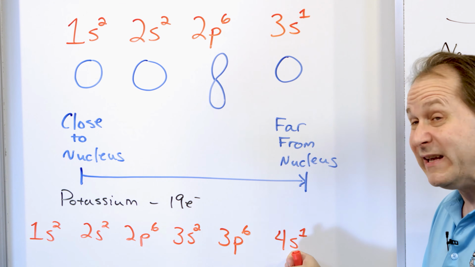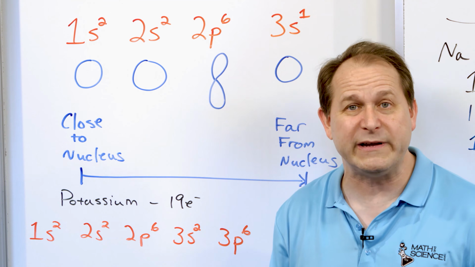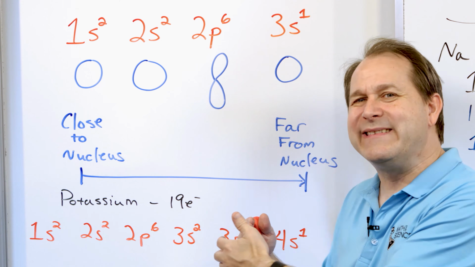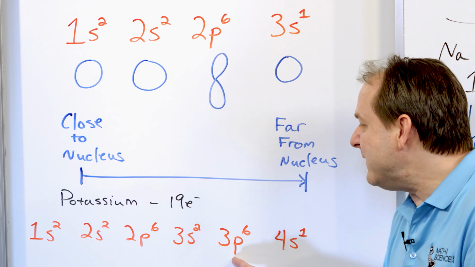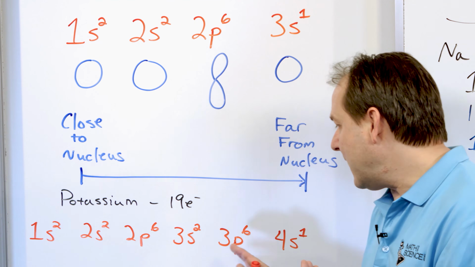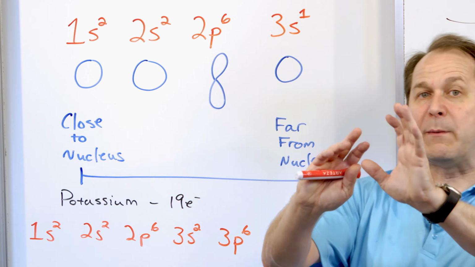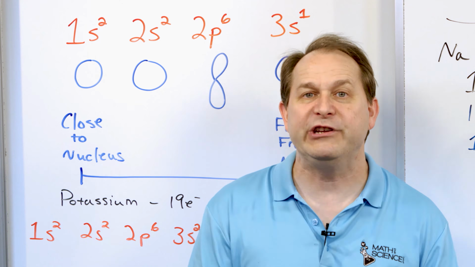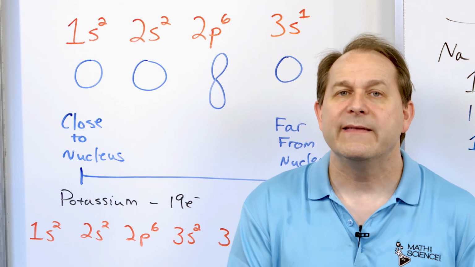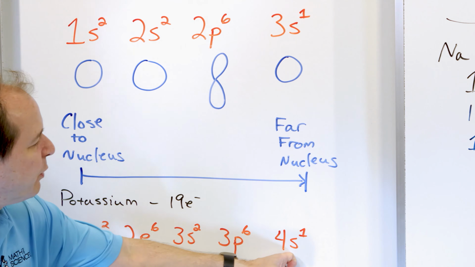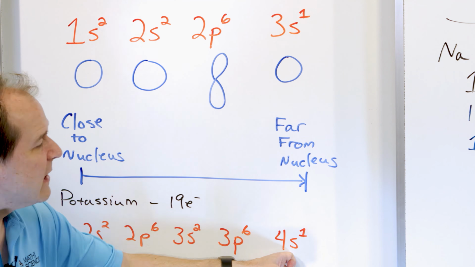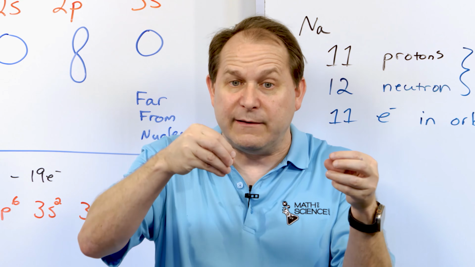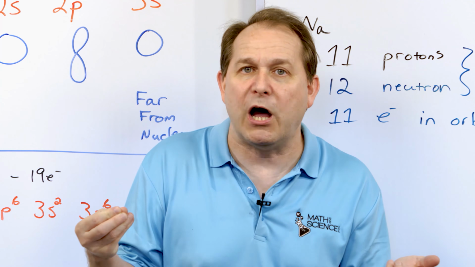Not only am I really far away, even farther away than sodium's outermost electron, but I'm also looking at a nucleus that's even more shielded because I'm looking through even more electrons. And I have a vantage point very far away. So from a distance, the nucleus doesn't look as positive as you would think because it's shielded so much. All of that means that it takes even less energy to pull this outer electron away. Literally, if you could grab these electrons with tweezers and feel how hard it was to yank them off, right?